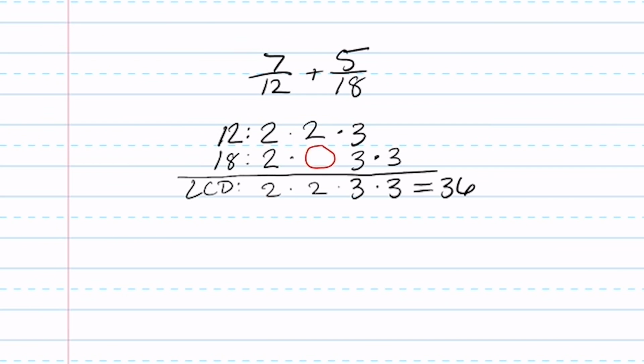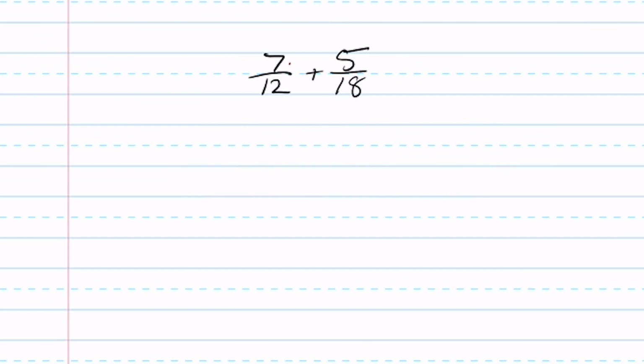And if we make a note of both of our missing numbers, we see that we have to multiply the first fraction by 3 and the second fraction by 2. After evaluating, we see that the first fraction comes to 21 over 36, and the second fraction comes to 10 over 36.